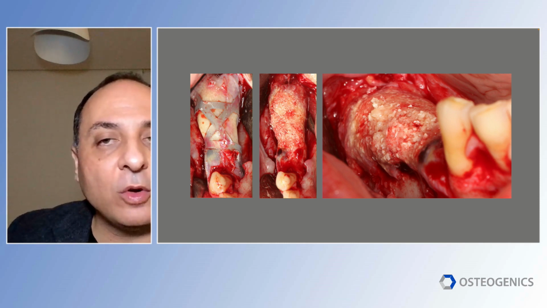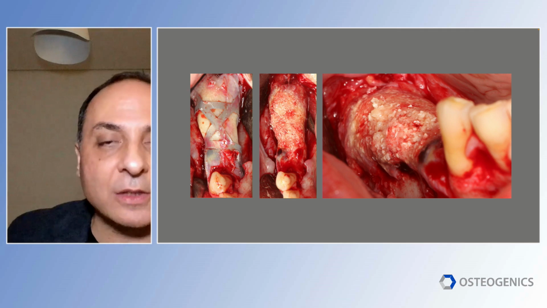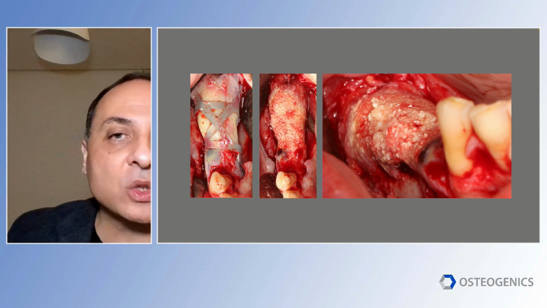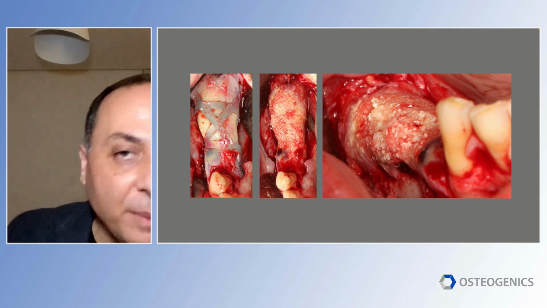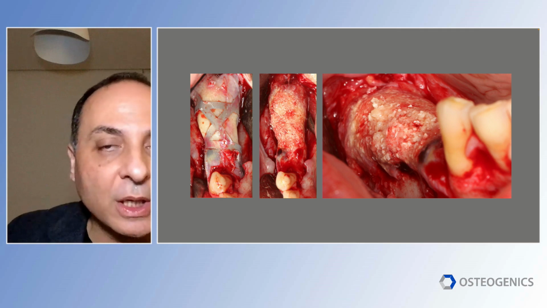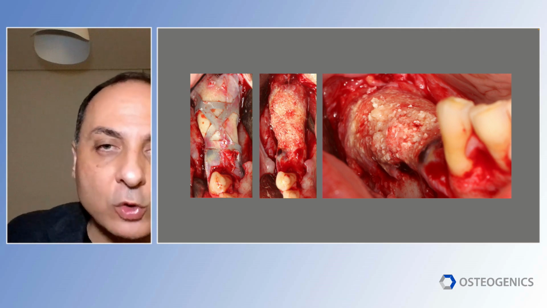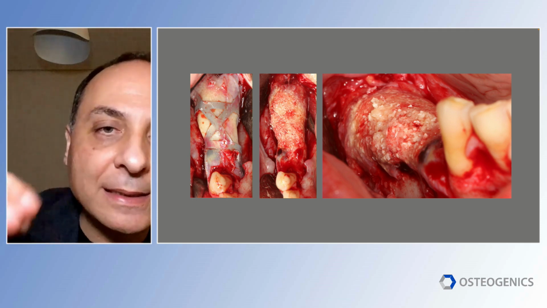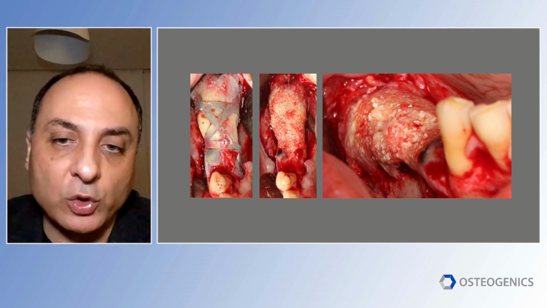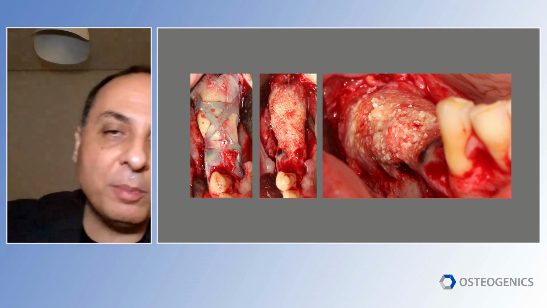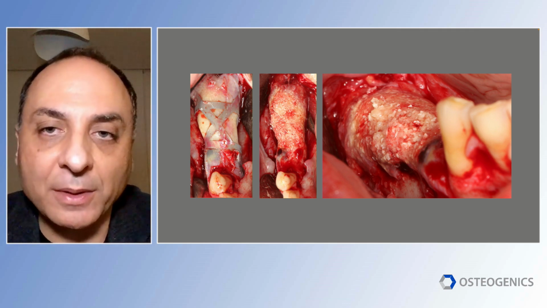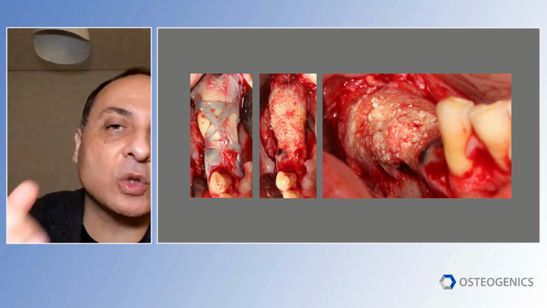So the newly formed bone has to travel a longer distance from the host site. So it has to go up 6-7 millimeter upwards, which is a challenging job biologically, I would say. So of course we're gonna have this granular aspect on the surface. But you shouldn't be worried about this granular aspect if you have it, because this is only the surface.